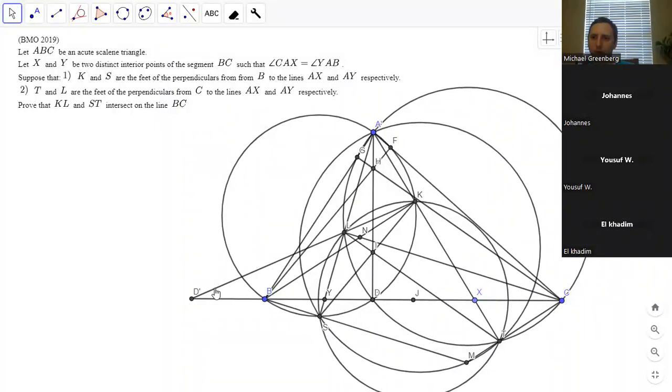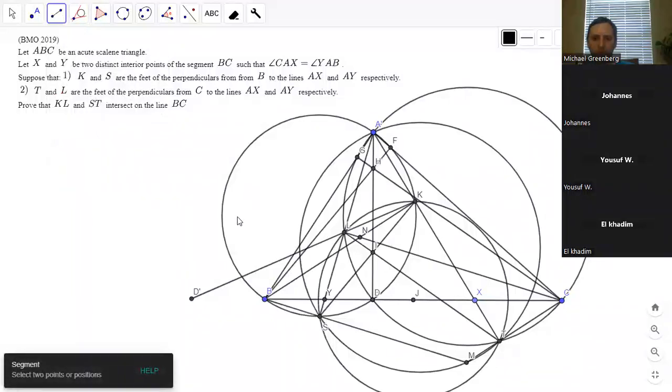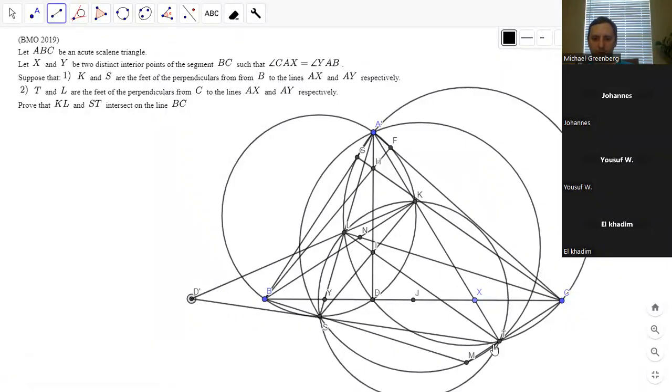But how do we know that J is on BC? I think this proof works if we have that J is on BC. Did we prove that already? Pascal said he had a proof of it. Pascal, do you know the proof that J is on BC?